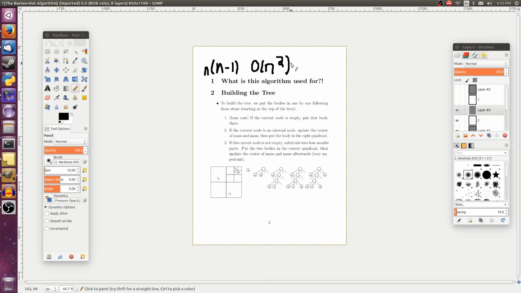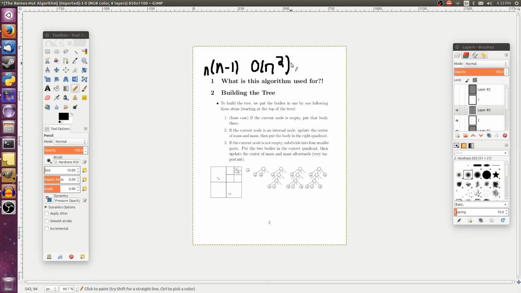So if n gets really big, well, that direct sum will get the job done, but it's going to be very slow. And in most cases, it's going to be unreasonably slow, so you need something faster.